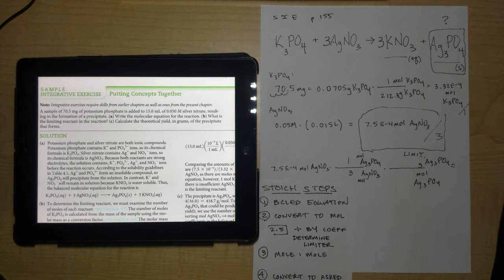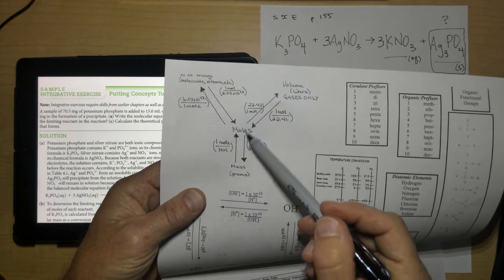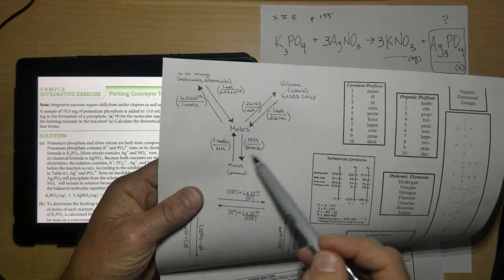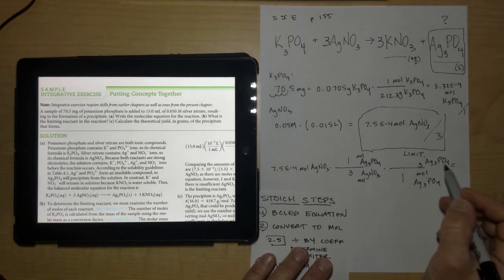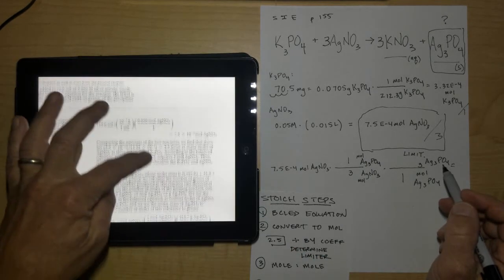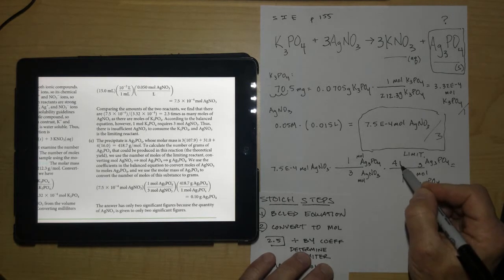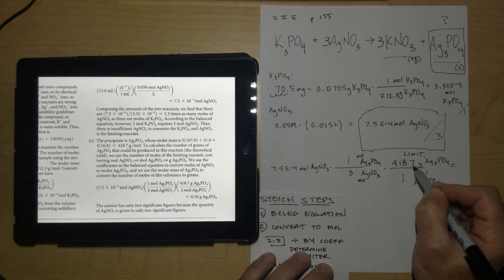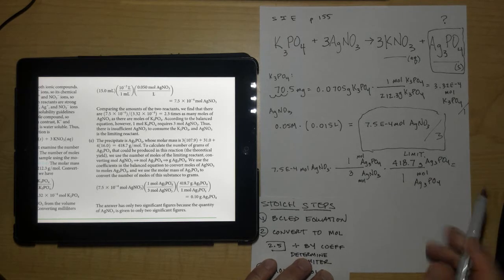And that, of course, I have to do from the periodic table to go from moles to grams. Molar mass on the top, 1 mole on the bottom. So 1 goes down here. I have to add up Ag3PO4 on the periodic table, and I'm going to cheat on this. It's 418.7 grams when you add up 3 silvers, 1 phosphorus, and 4 oxygens.